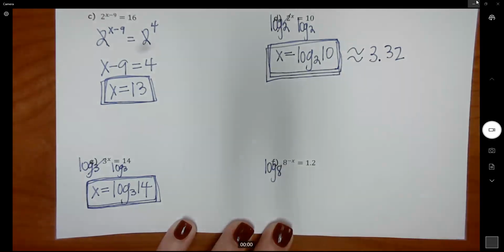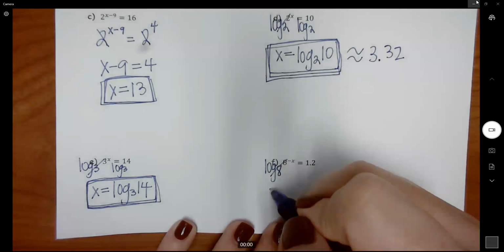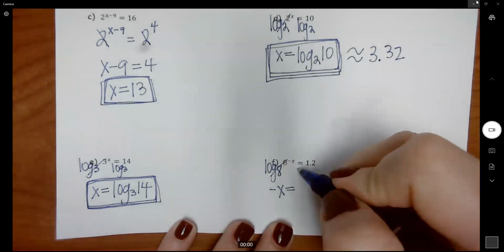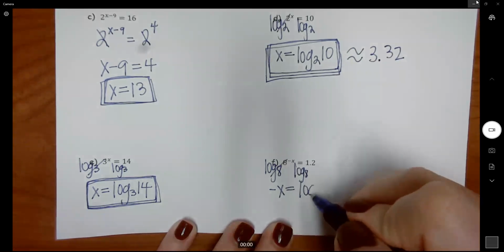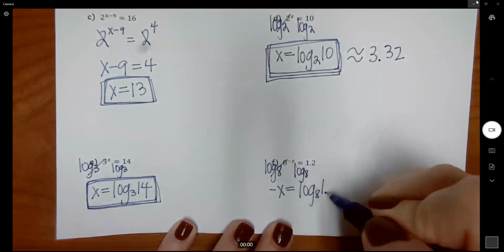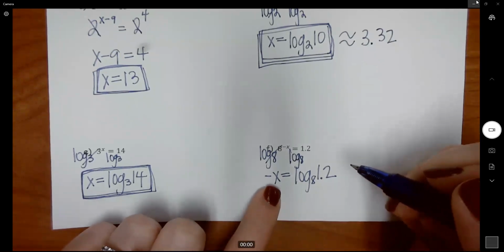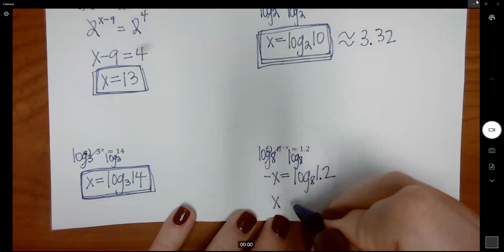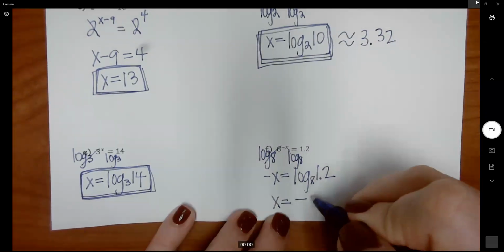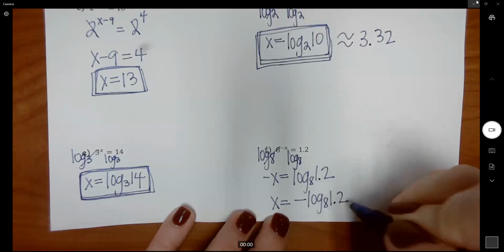So we're going to go log base 8 of 8. Those cancel. I am left with negative x. We will do the same thing on this side. So we have log base 8 of 1.2. Now we have not solved for x in this one. We have solved for negative x. So we'll divide both sides by -1 and we get x equals negative log base 8 of 1.2.